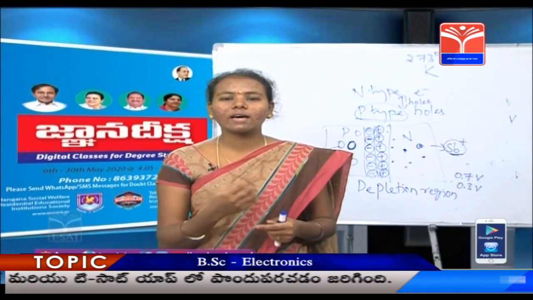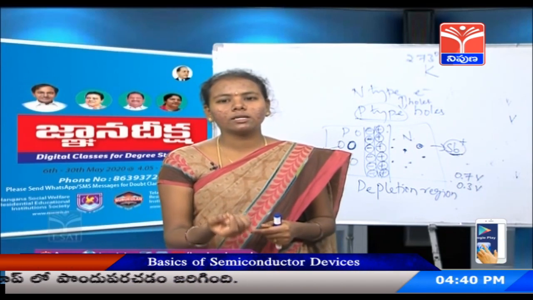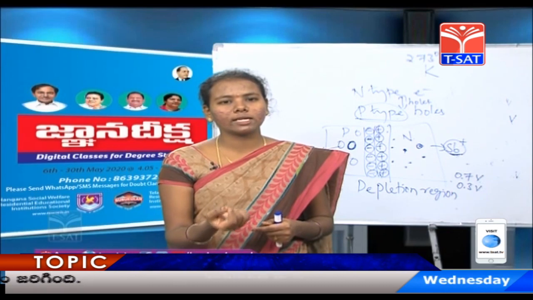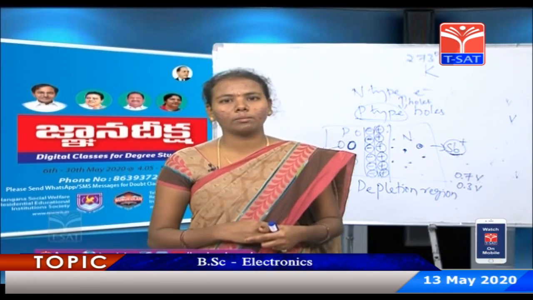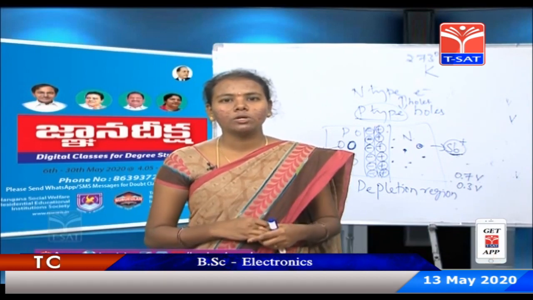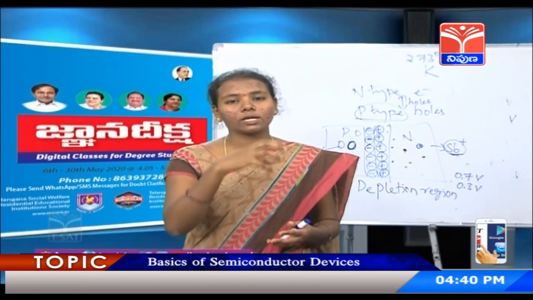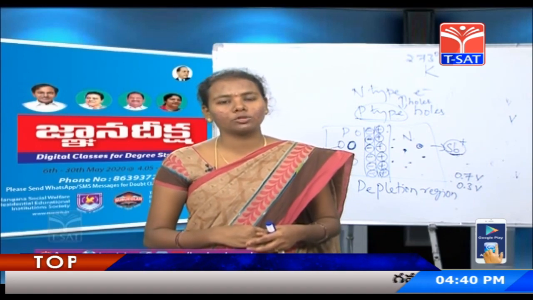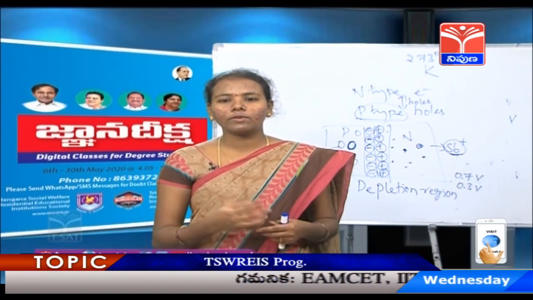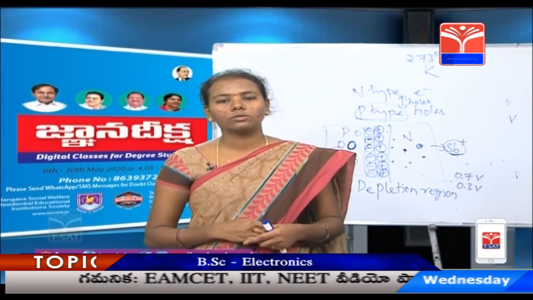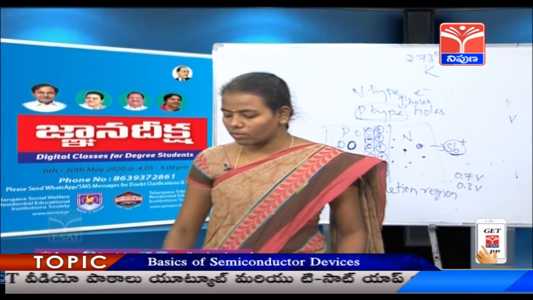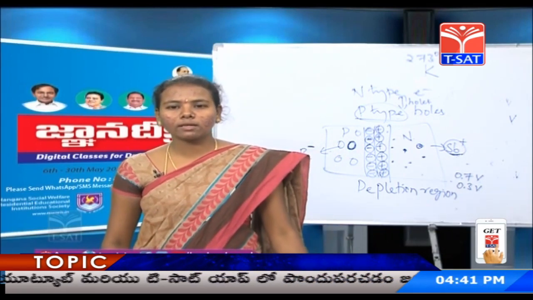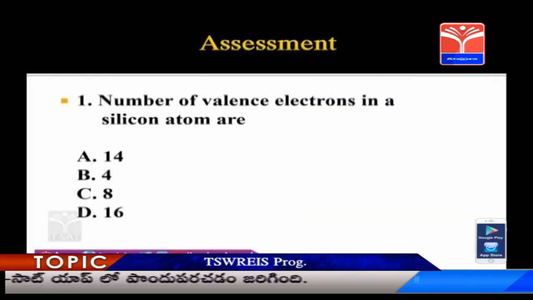We have seen the basic semiconductor device, the diode, and in the diode we have two types of materials, p type and n type. Adding those impurities to the semiconductor is called doping. We have seen the applications of the diode: it acts as a switch and also as a rectifier. Now we will see questions based on this.